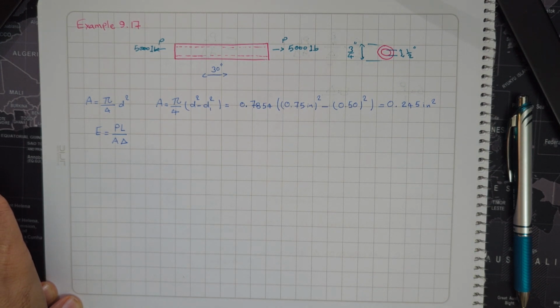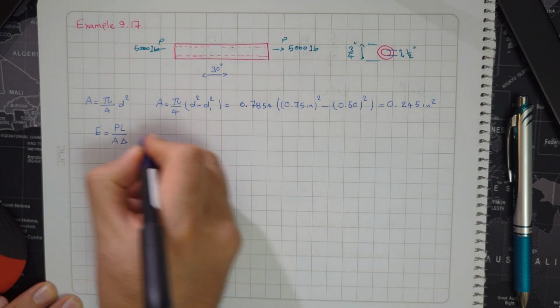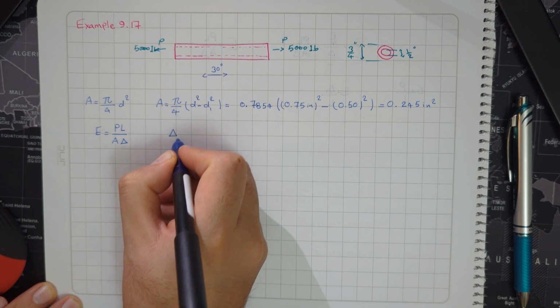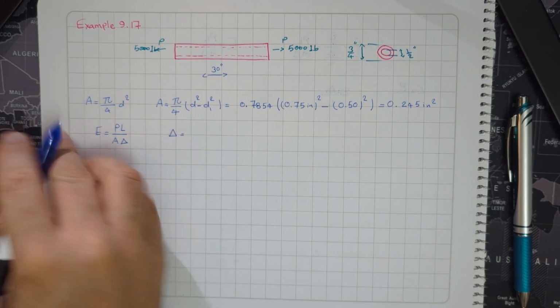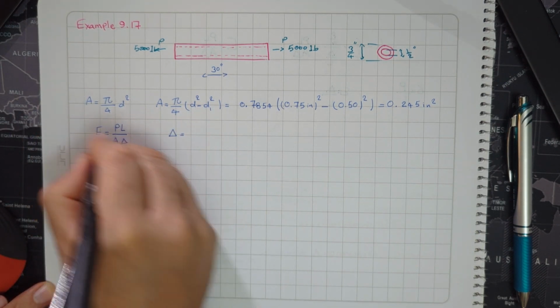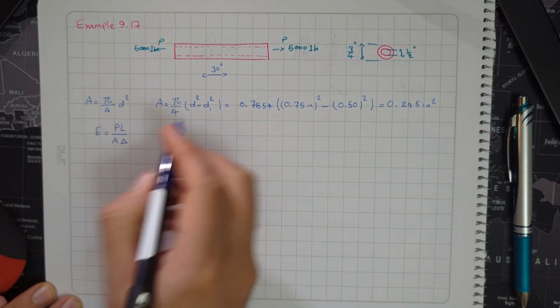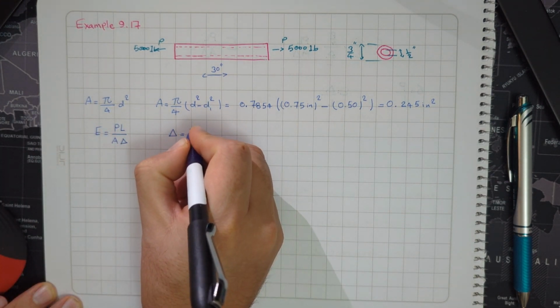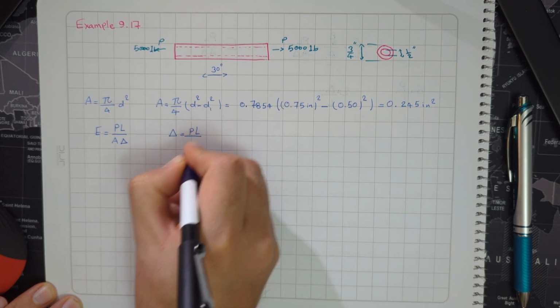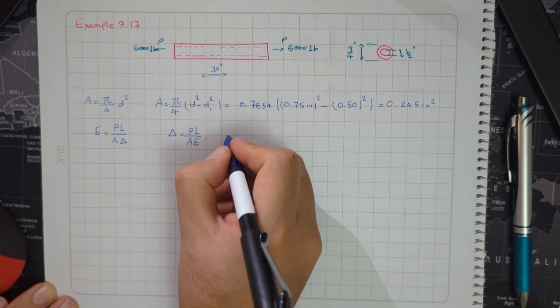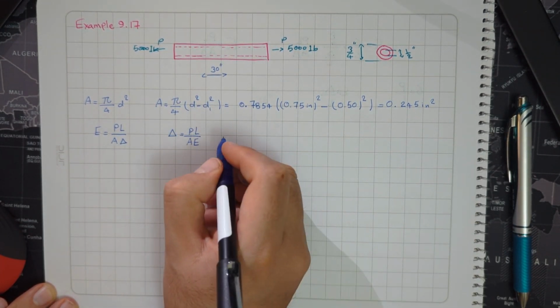Now we want to know the deformation, delta, so if we just swap these two, I'm going to say PL over AE. We have all the numbers.